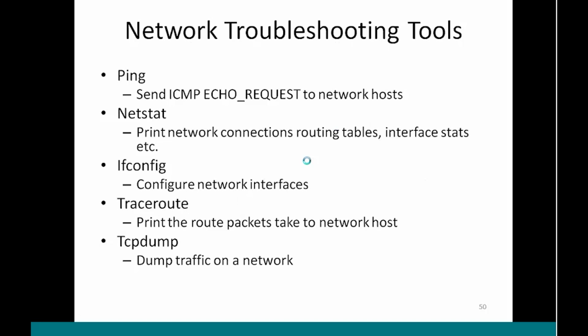So for example, if you want to see whether a particular machine is alive or dead, you send the ping command to that machine, and if the machine receives it, it sends you back a message saying, hey, I received it. So then you know that machine is alive.